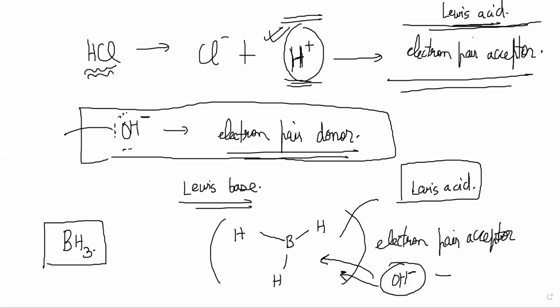All proton acceptors have an unshared pair of electrons, and all electron pair donors can accept a proton, right? The Lewis and the Bronsted-Lowry definitions of a base are simply different ways of looking at the same thing. The Bronsted-Lowry definition was a proton acceptor, right?